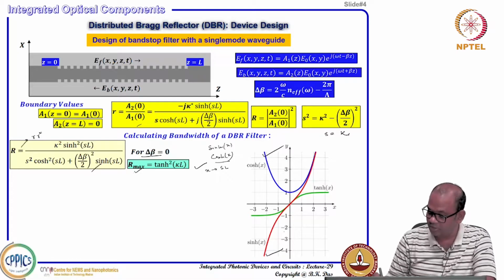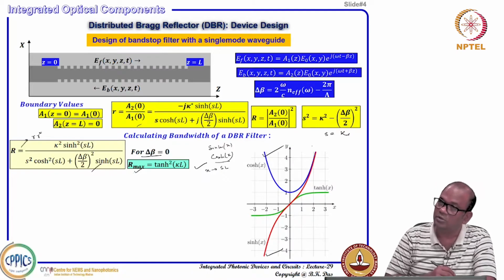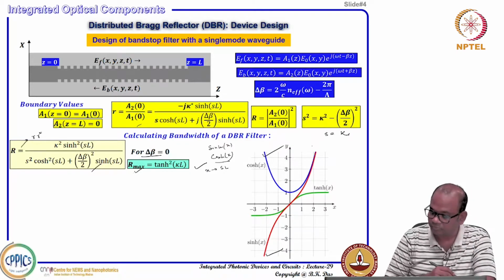At x equal to 0, sine hyperbolic x equals 0, and as you increase x on both sides, it increases to infinity. Slightly above x equal to 1 it becomes very large, and at a certain value it almost merges with the value of cosine hyperbolic x.